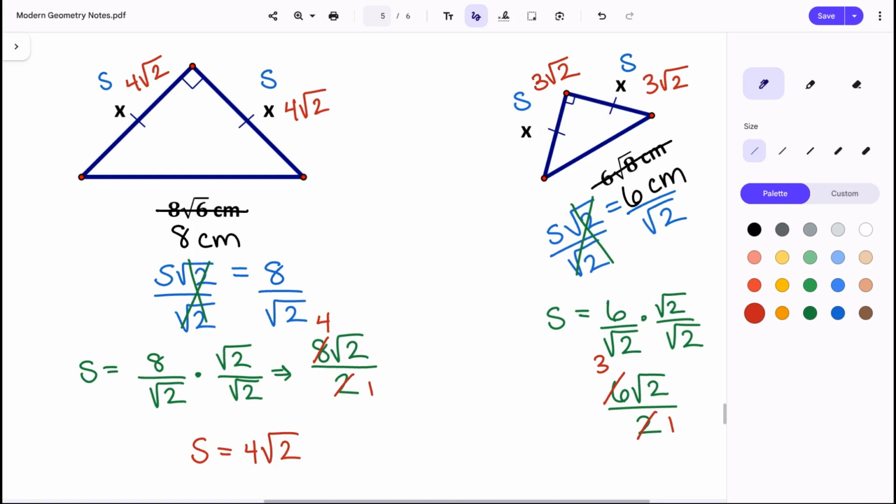Okay, so you saw that in this case, if the hypotenuse was 8, one of the legs was half of 8, and then it had a square root next to it, right? Yeah, and then the same thing happened over here. We had 6, and then the leg was half of 6, which is 3, and then the square root of 2. Good.